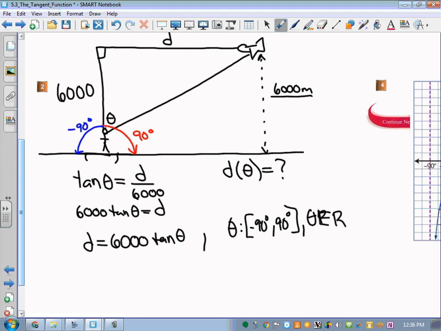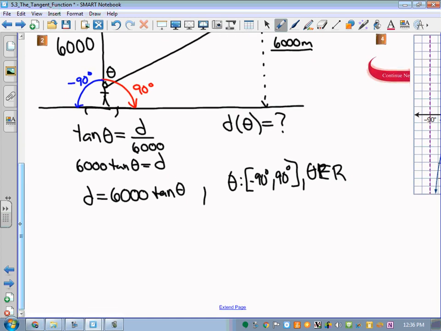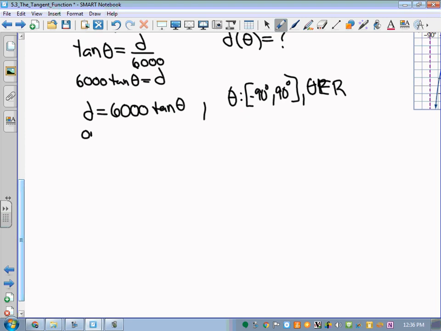Now, the reason why that's so important is that it allows us to limit what we're actually graphing. This is a hassle, that in order to see this on the graphing calculator, what we are going to graph is y is equal to 6,000. Oh, not 60,000, sorry about that. Y is equal to 6,000 times the tan of x.